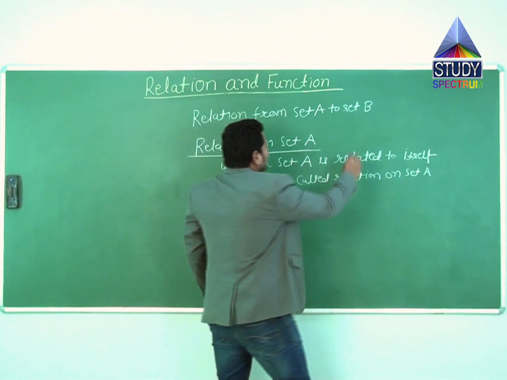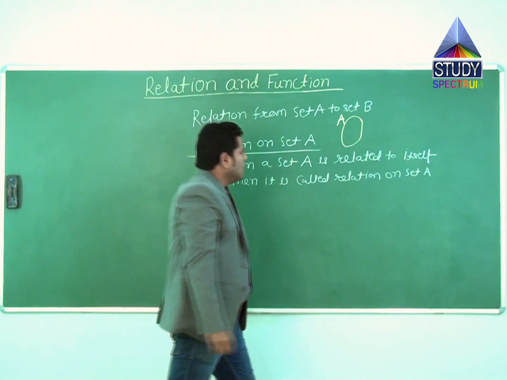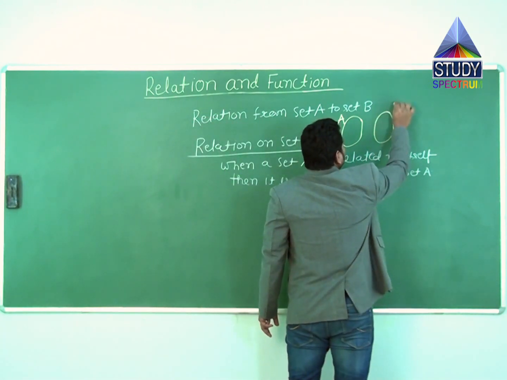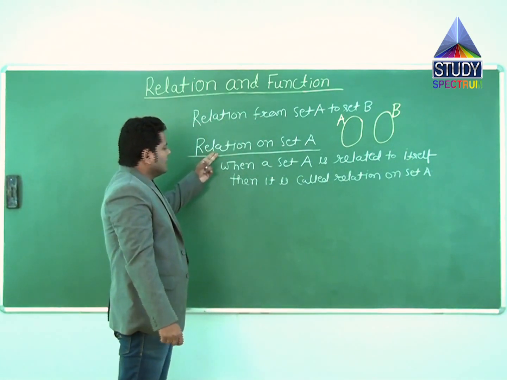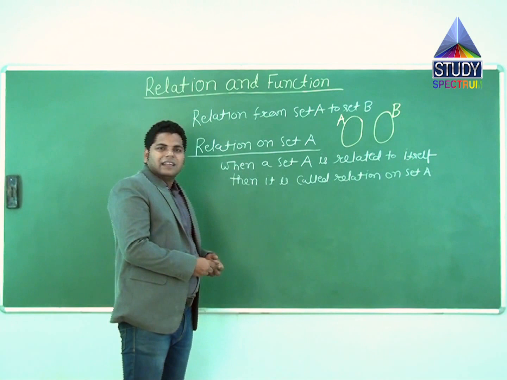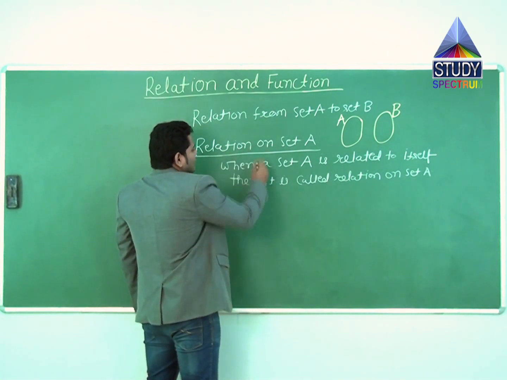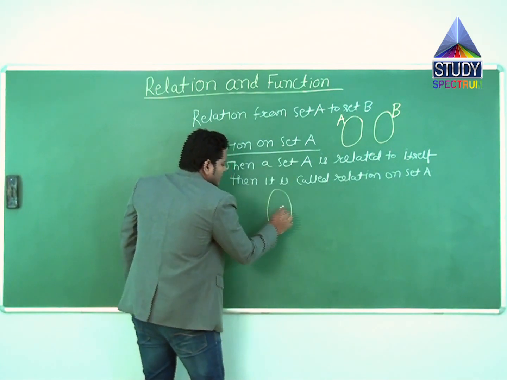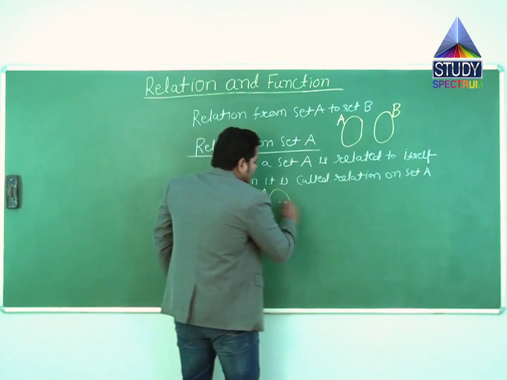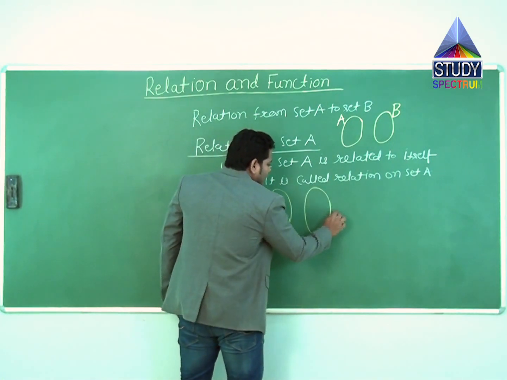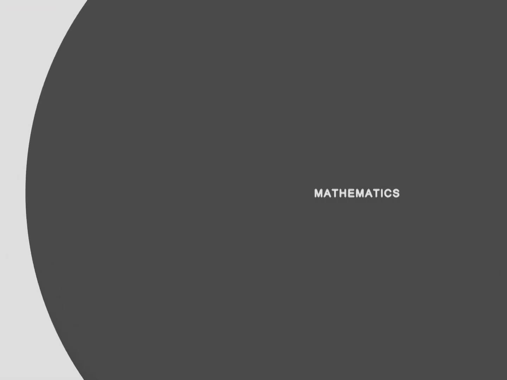A relation from set A to B means on the left hand side we show set A, and on the right hand side we show set B. In this type of relation, where set A is related to itself, it is called a relation on a set. So in this case we show set A on the left hand side and set A on the right hand side.